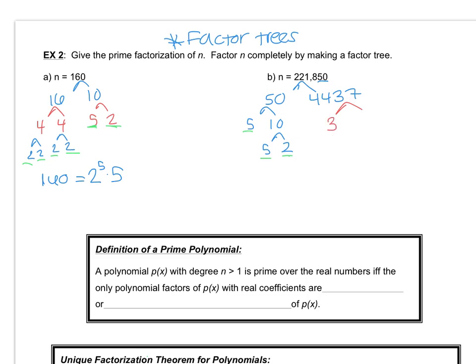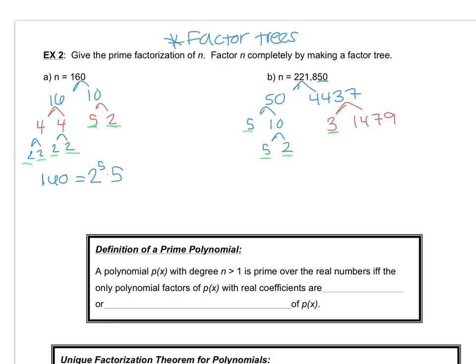So we know that 4437 can be broken down into 3 times 1,479. Now I want to figure out, can I continue breaking that down? 3 obviously is going to be the end of that line right there, but I want to see if I can continue breaking this number down.